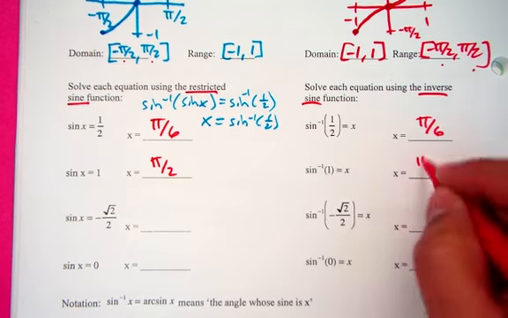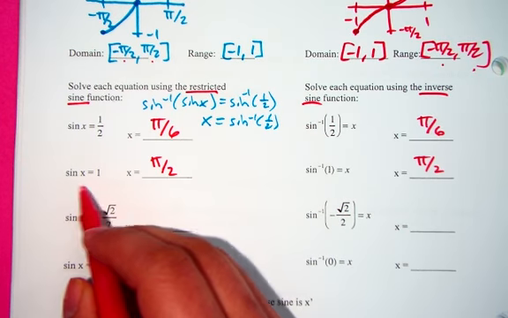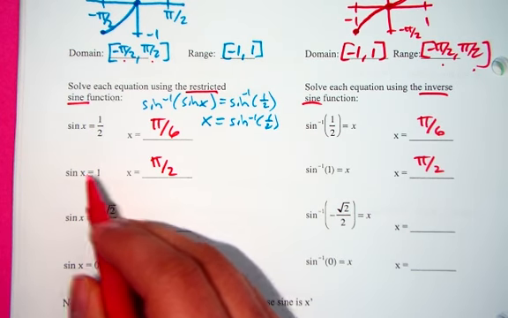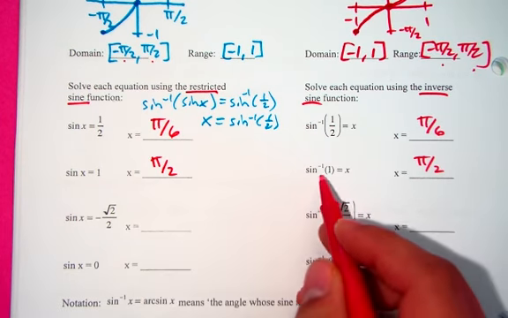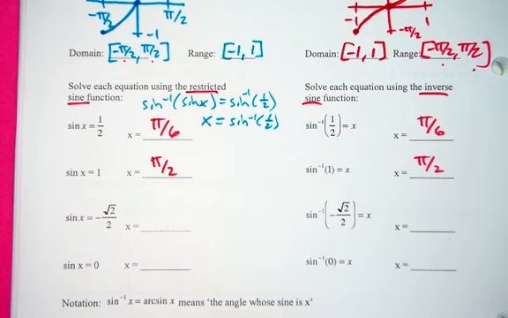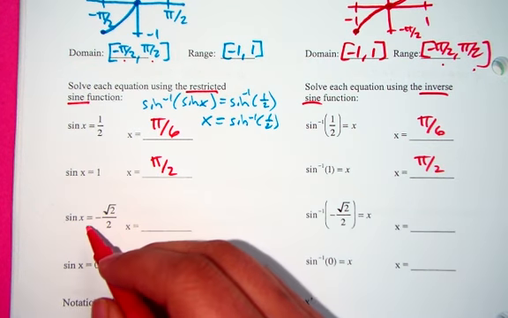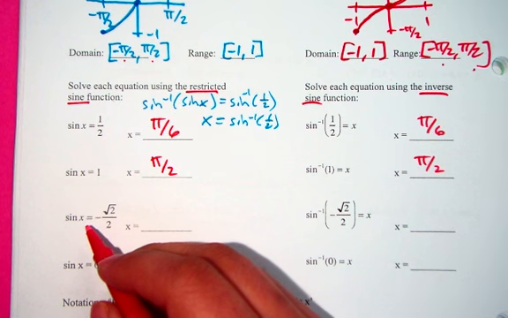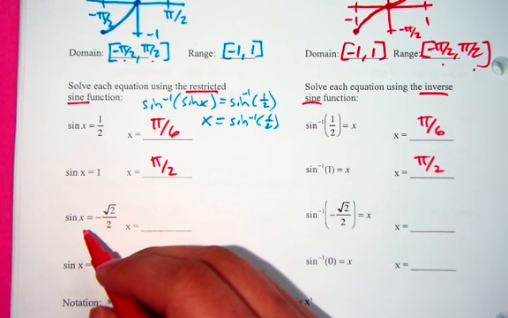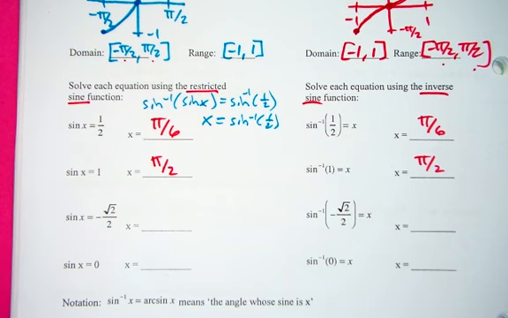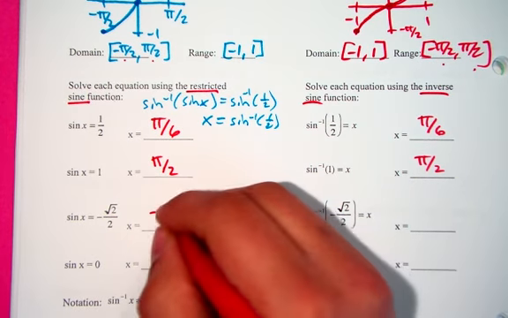So this would also be pi over 2. This means tell me what angle has a sine of 1, and so does this. Tell me what angle has a sine of 1, right? This means tell me what angle has a sine of negative root 2 over 2. Say that louder, right? Negative pi over 4.